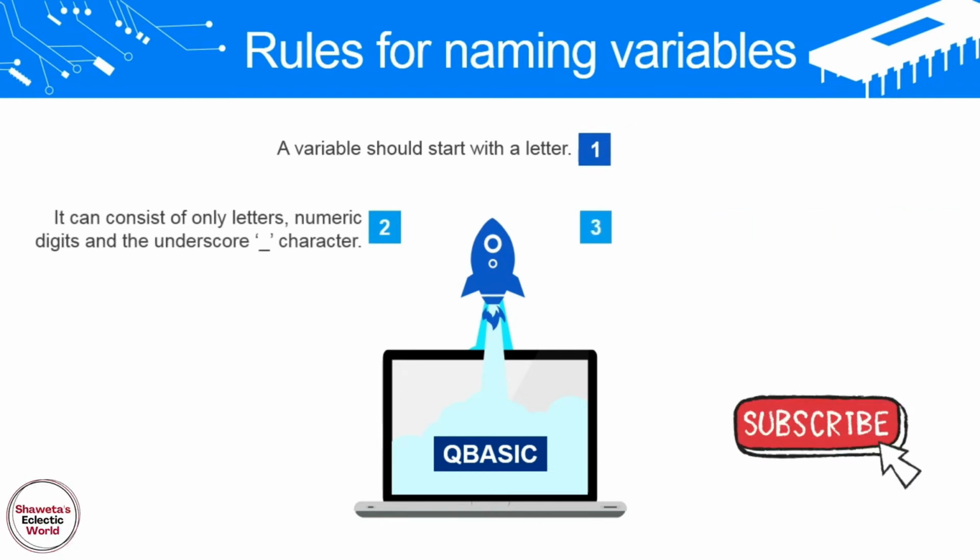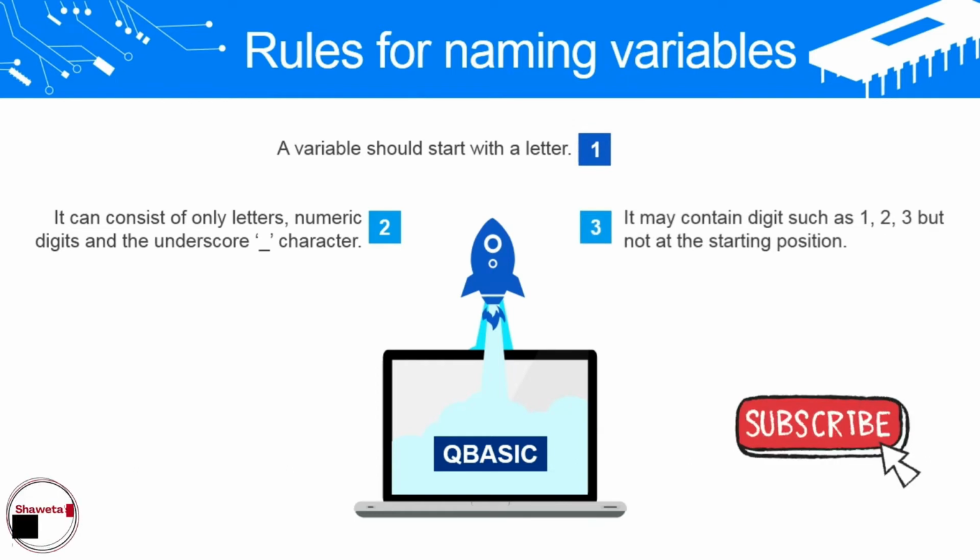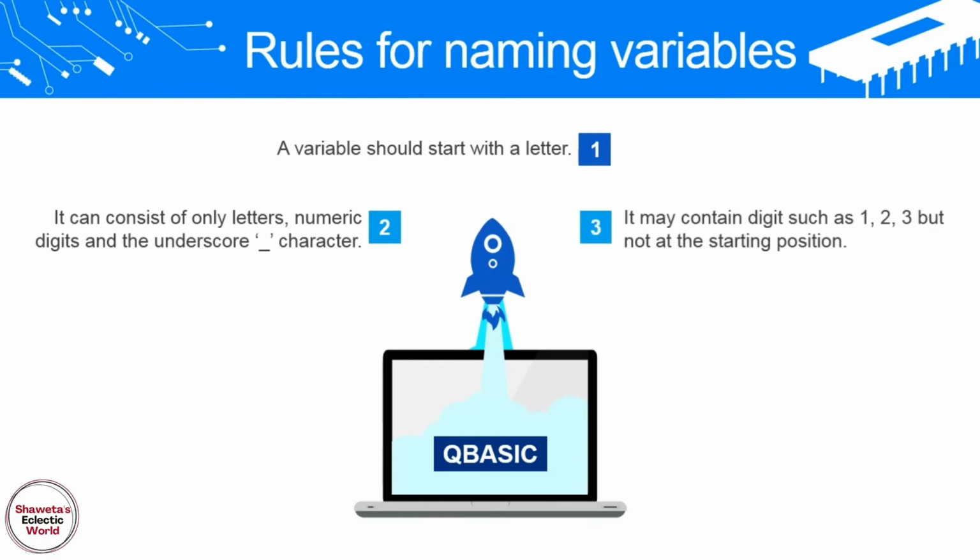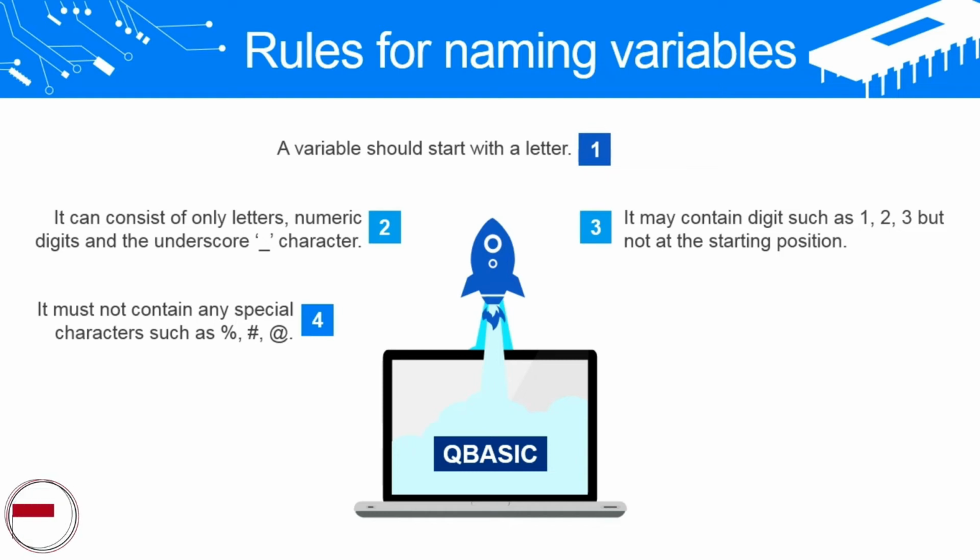Third, it may contain digits such as 1, 2, 3 but not at the starting position. Fourth, it must not contain any special characters such as percentage, hash, @.